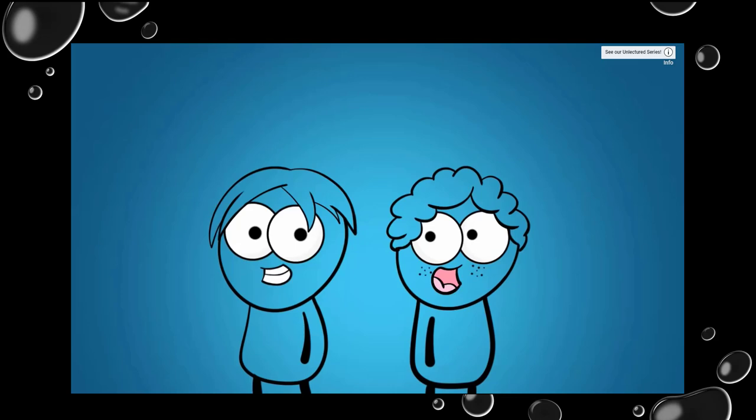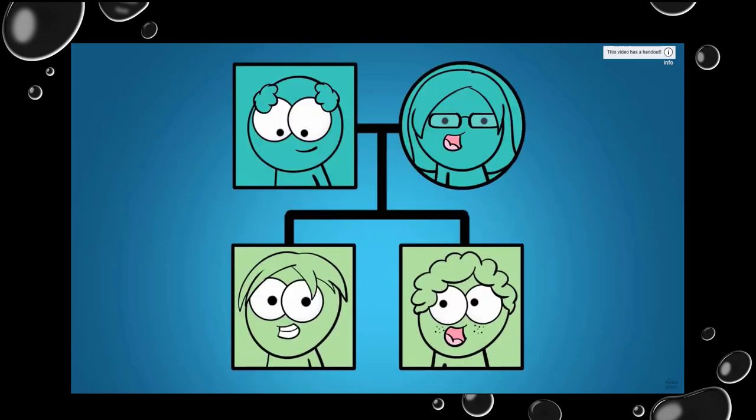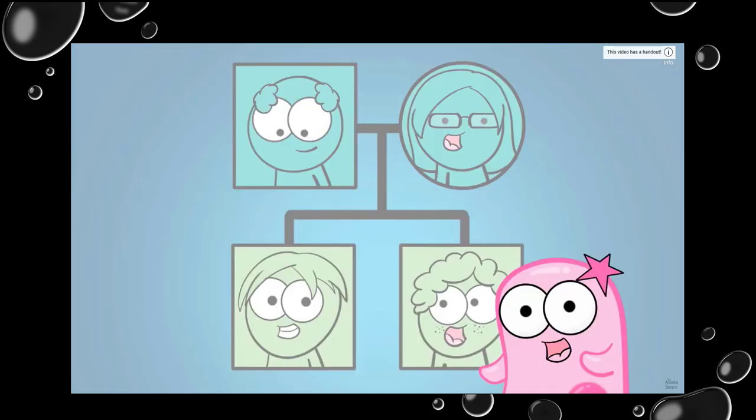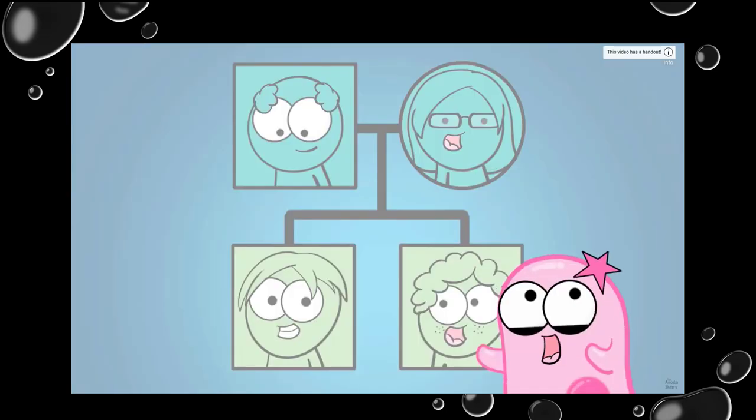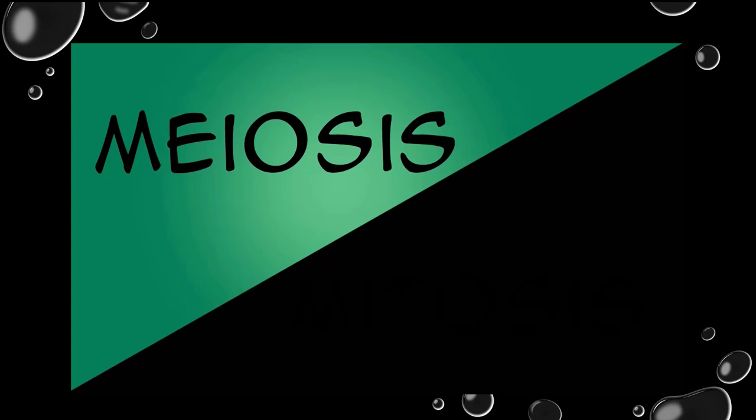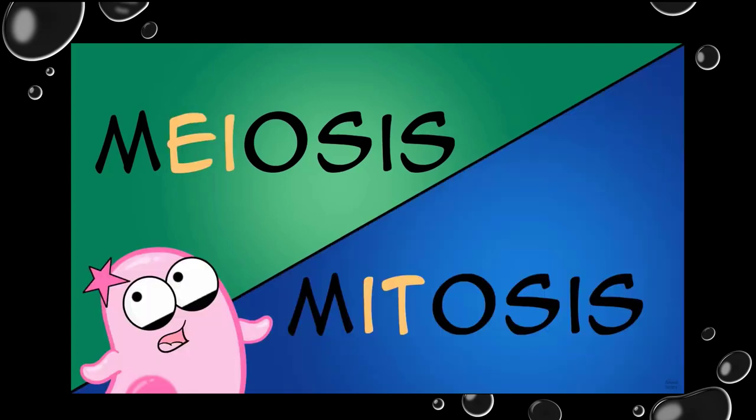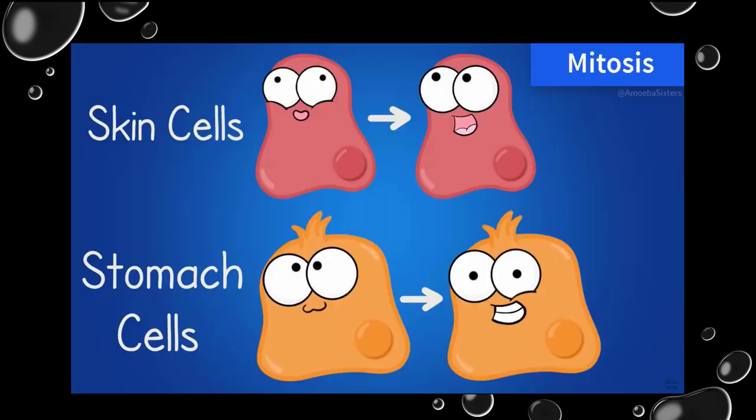Have you ever wondered how 2 siblings can have the same mom and dad and still look so different? Well, today we're going to talk about a process that makes that possible, a process called meiosis, not to be confused with mitosis, which sounds unfortunately similar. Mitosis makes identical body cells, like your skin cells and stomach cells.